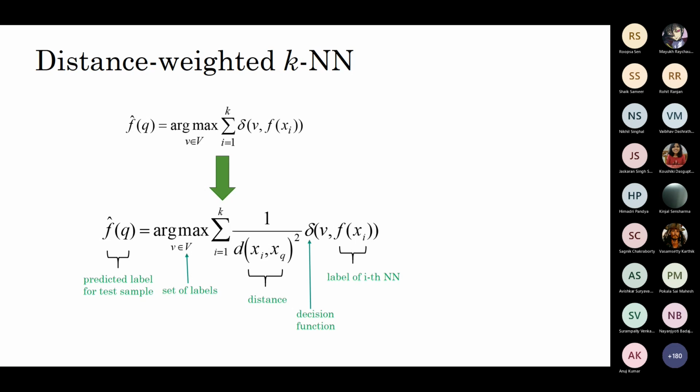Now in approximate nearest neighbor search, we can do some kind of clustering of the training samples. If you have 100 samples in your training data, we can create say 5 clusters. Each cluster is expected to have similar samples.